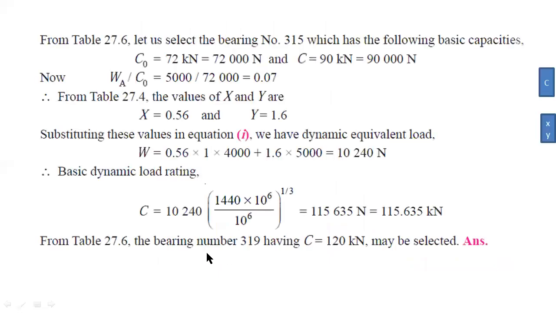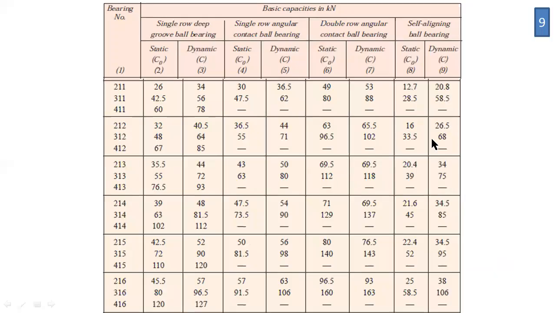Then you have to find the suitable bearing type. From this data handbook table, you have to select a suitable bearing number corresponding to our dynamic equivalent load rating value.